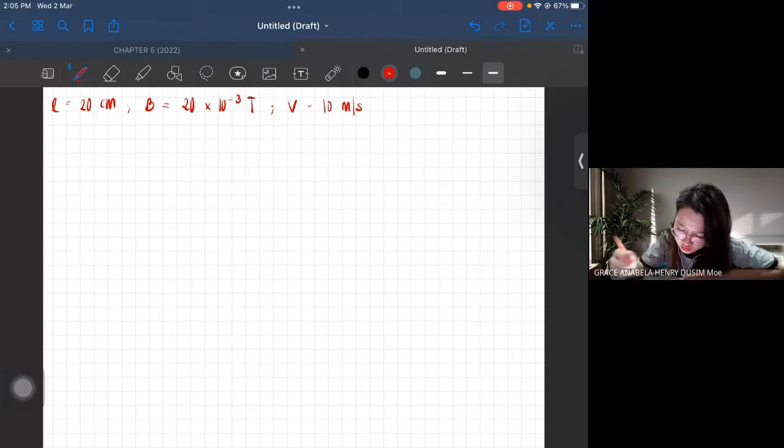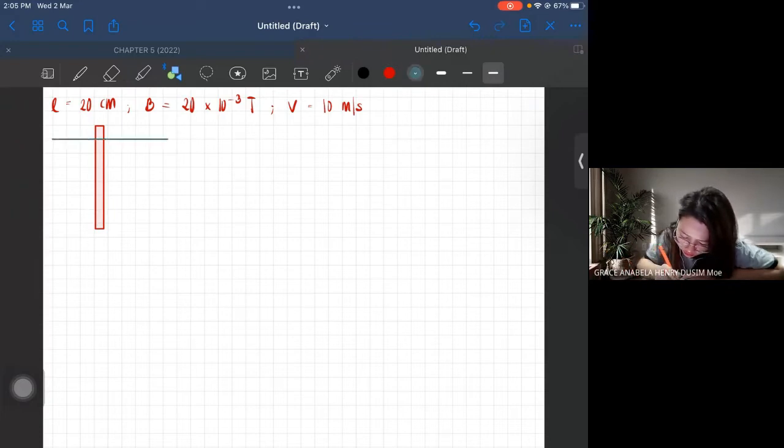Okay, so the situation kalau kita lukis, so this is the straight conductor. Okay, and then they mention they are perpendicular to the magnetic field. So assuming this is our magnetic field.